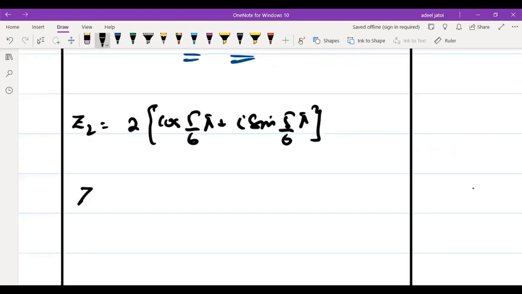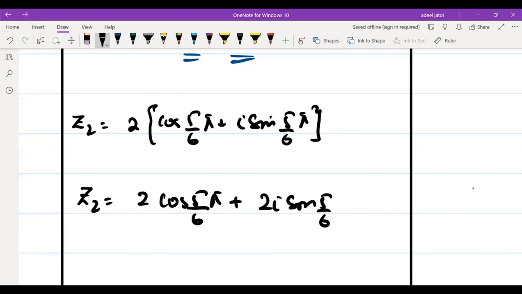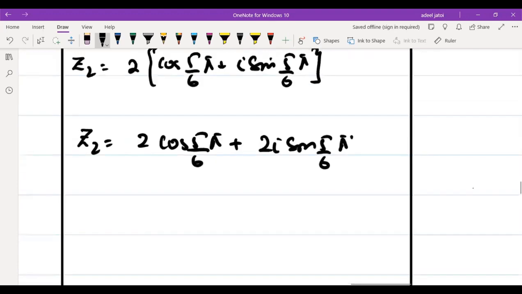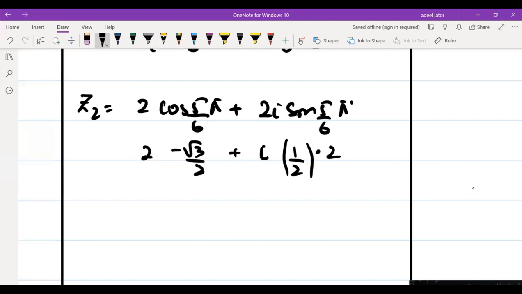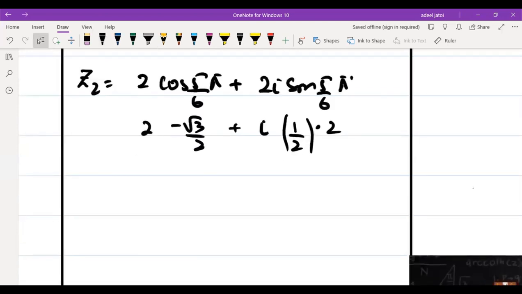So Z2 is 2 multiplied by cos 5 pi upon 6 plus 2 iota sine 5 pi upon 6. Considering that cos is negative under root 3 upon 2 plus iota, sine is 1 upon 2. So in the end, multiplied by 2 as well, what we'll have is negative under root 3 plus iota.